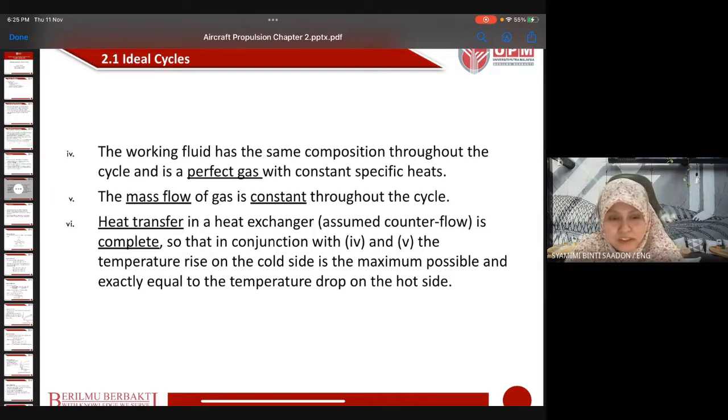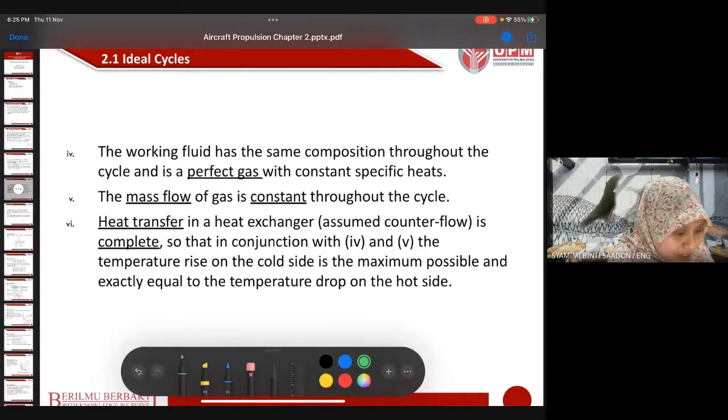One of the important relations for an ideal gas is PV equals nRT.